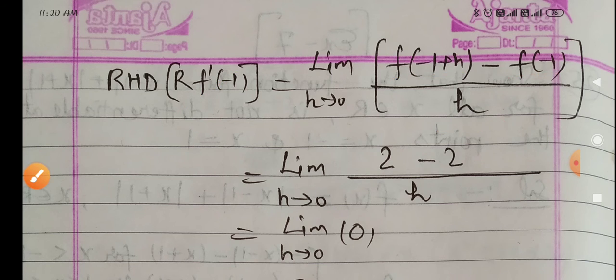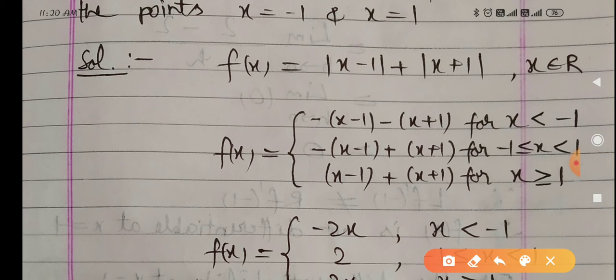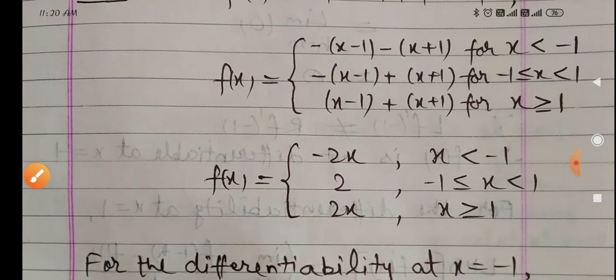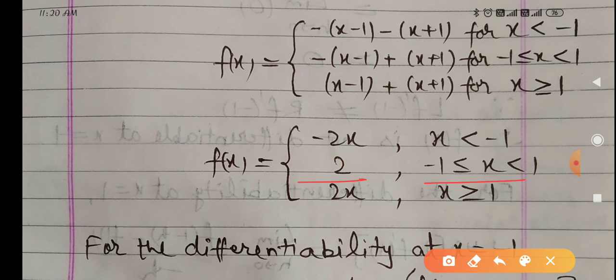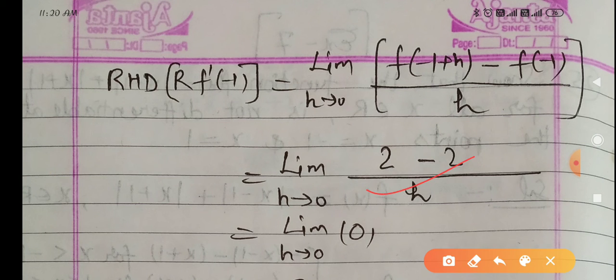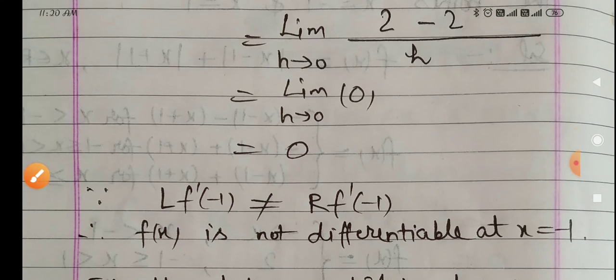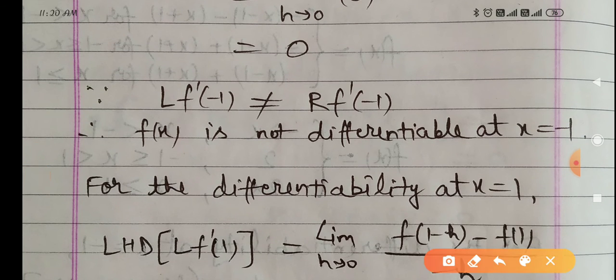For x greater than -1, you can see the second step: the function is directly 2. And at x = -1 that is also 2. So that's why I have written (2 - 2) upon h, which is 0. So RSD is 0. So LSD is not equal to RSD. So the function is not differentiable at x = -1.